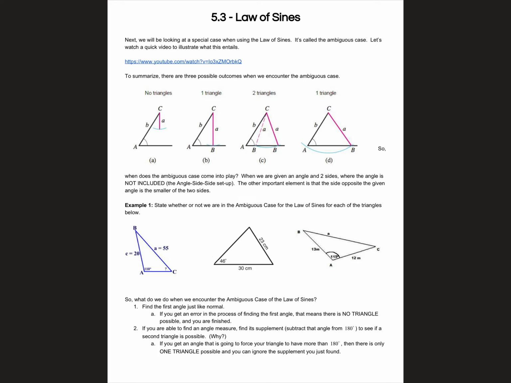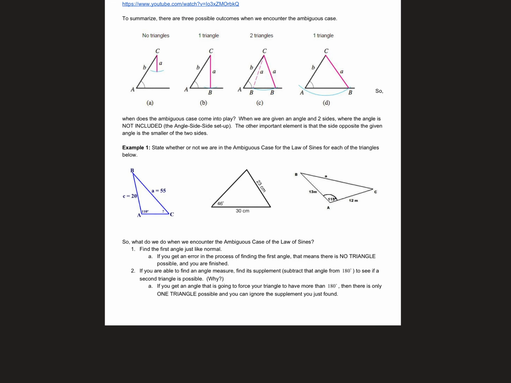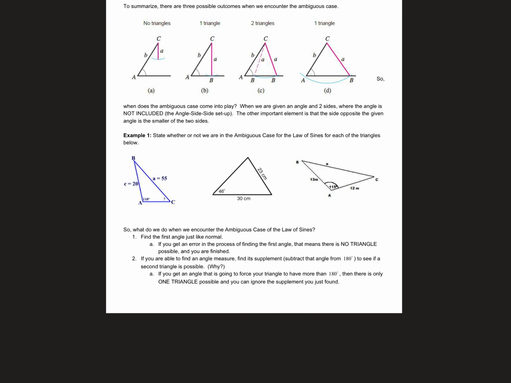We can also end up in a situation where we could theoretically have 2 triangles because the side A is long enough that it can swing outward, but it's also short enough that there's space still to swing inward. So we have 3 different possible results. There could be 0 triangles, 1 triangle, or 2 triangles.